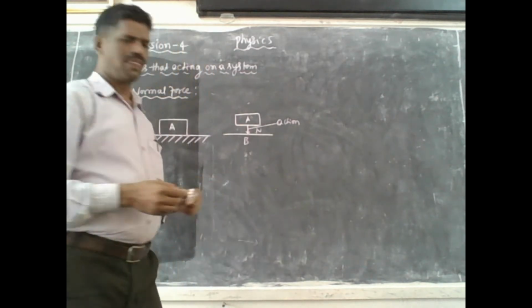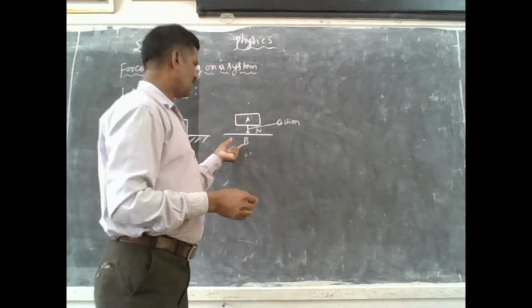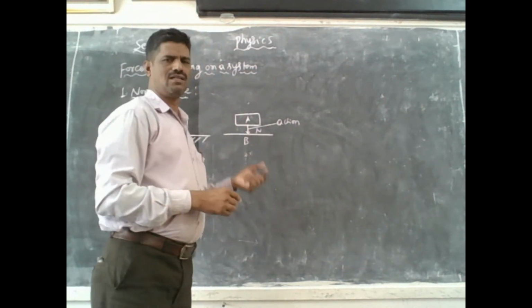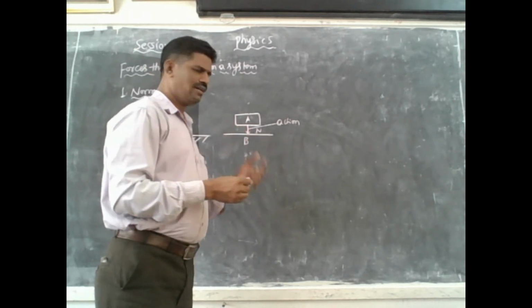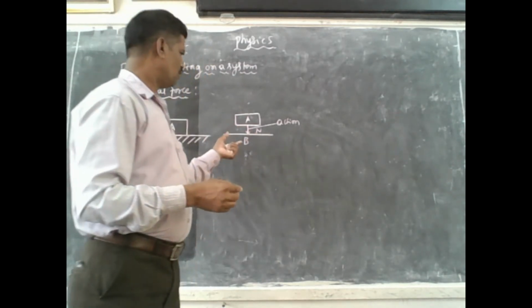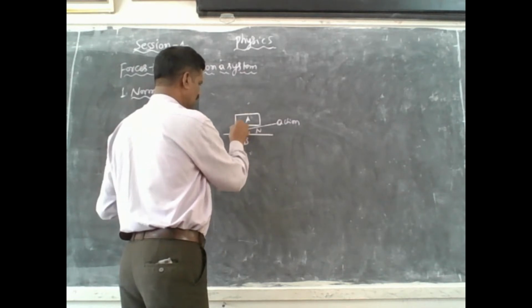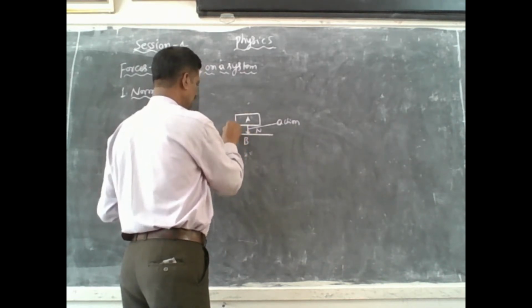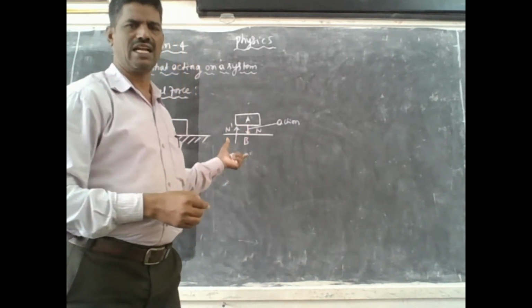And B exerts the same amount of force on body A, in the opposite direction. That means N dash. It is known as reaction.